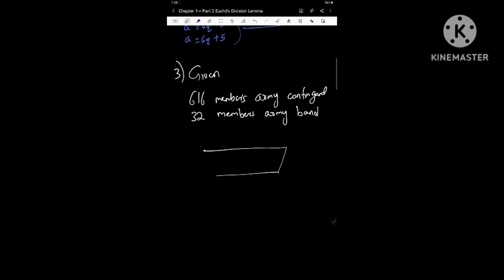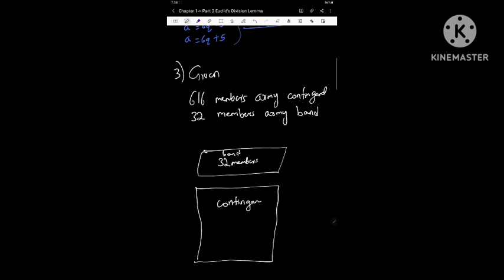You have your army band, which is of 32 members, and you have a very huge contingent of people. Contingent, I hope the spelling is right.